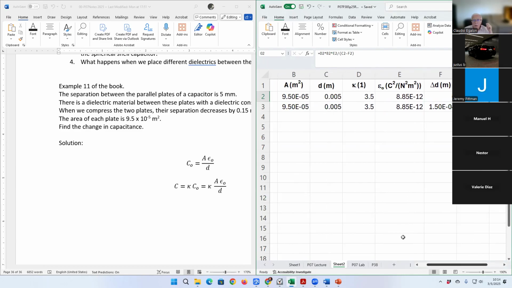Area, 9.5 times 10 to the minus 5 meters squared. Epsilon naught, 8.85 times 10 to the minus 12. The book is getting 19.6 picofarad. Why am I getting very different? Why is the difference so large? 5 millimeters.